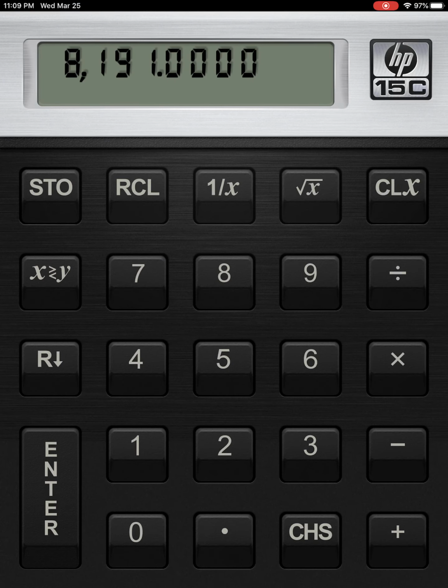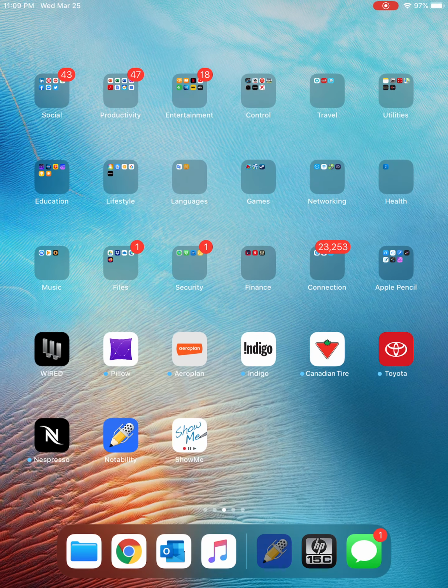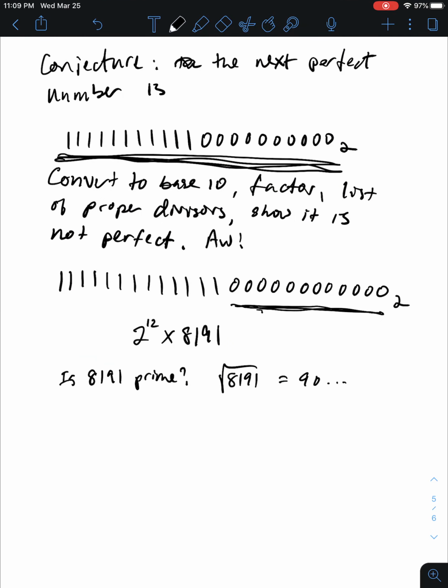So 8191 is prime. That means that this is our prime factorization of this big number, and that means that I can write down all the factors of it.